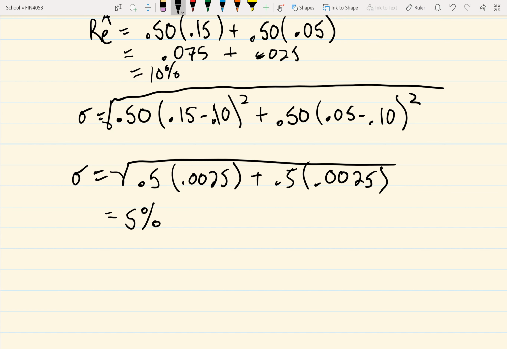And it's trivial to show that the other one is 0, from just this little portion here. The expected return is 10, and it's 10 the whole time, so 10 minus 10 is 0, and then the whole thing works out to be 0. So this is firm A at 5%, firm B is 0.